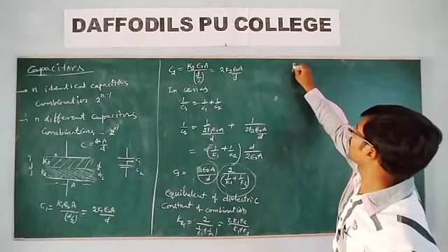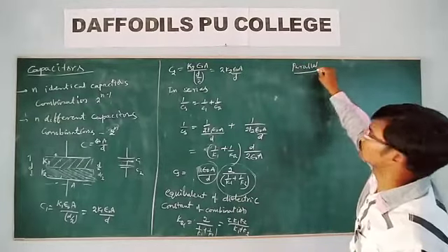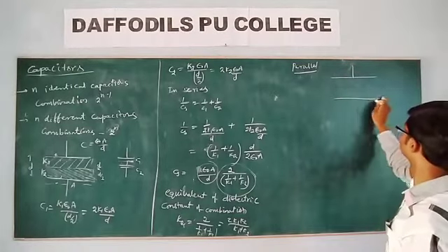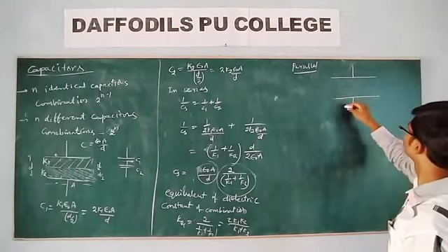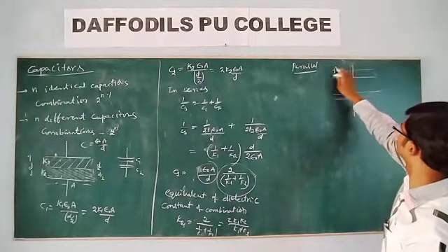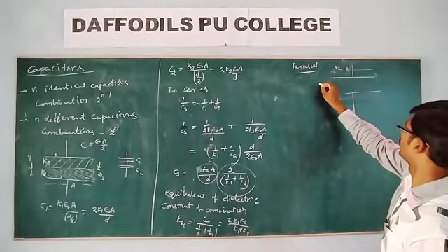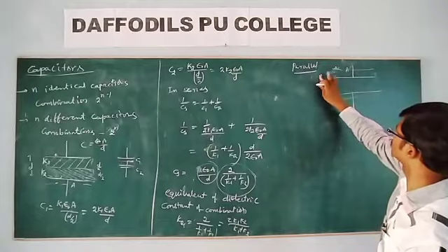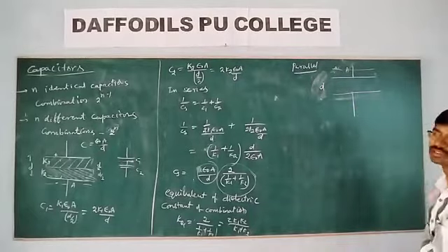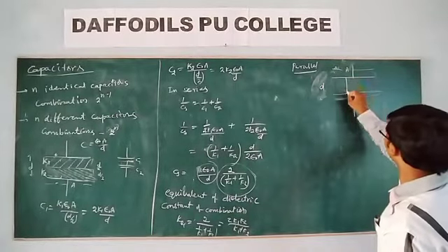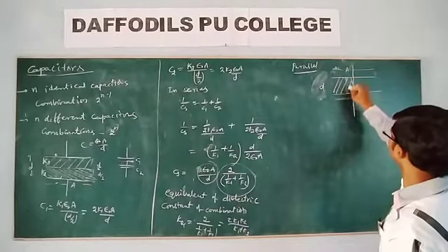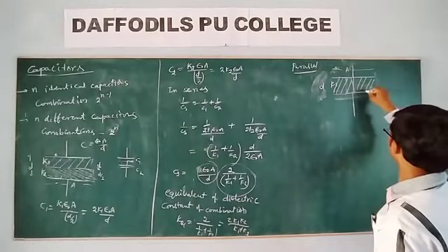Similarly, for parallel combination, we have one capacitor with plate area A and spacing between the plates D. Now the area is divided into two parts: here one dielectric K1, and here another dielectric K2.